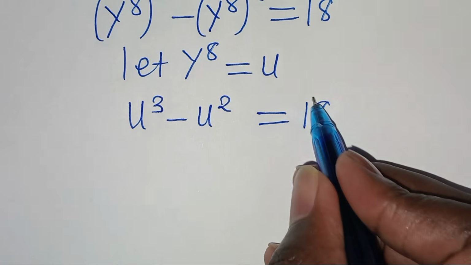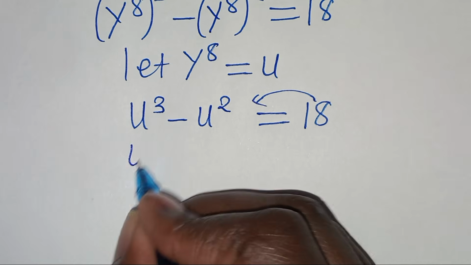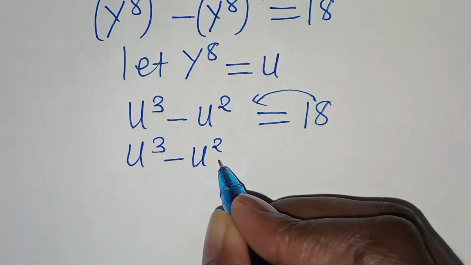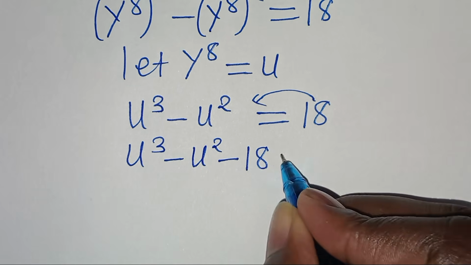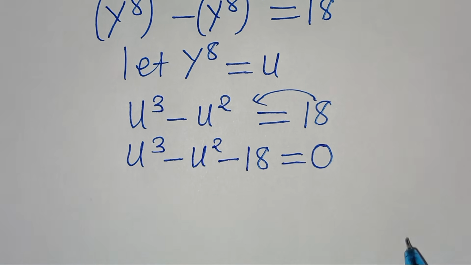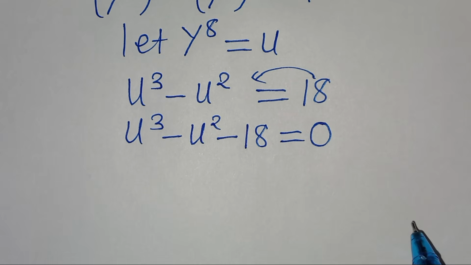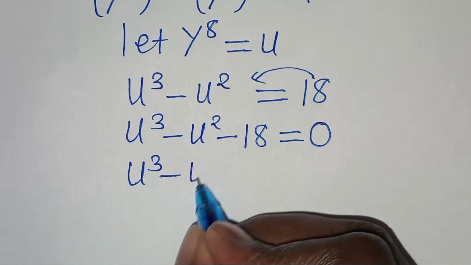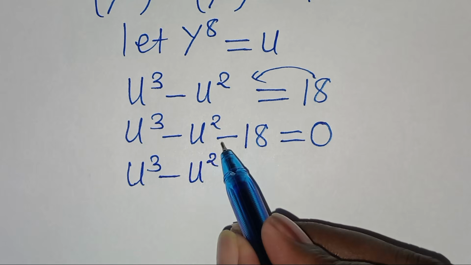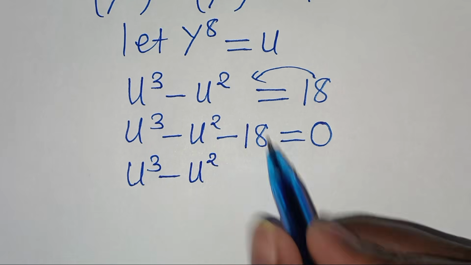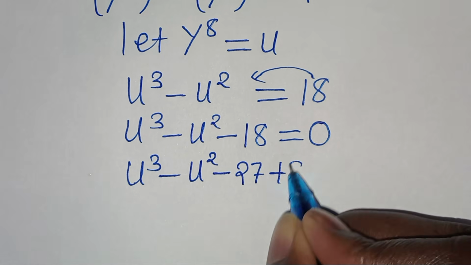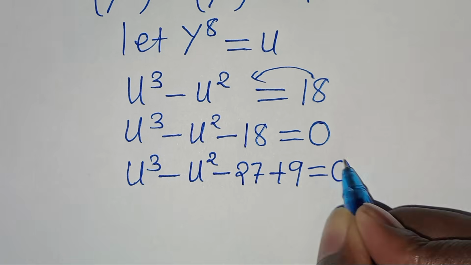Now, let's take 18 to the left hand side so that we have u to the power of 3 minus u to the power of 2 minus 18. This is equal to 0. Now, we have u to the power of 3 minus u to the power of 2. We can express minus 18 as minus 27 plus 9. This is equal to 0.